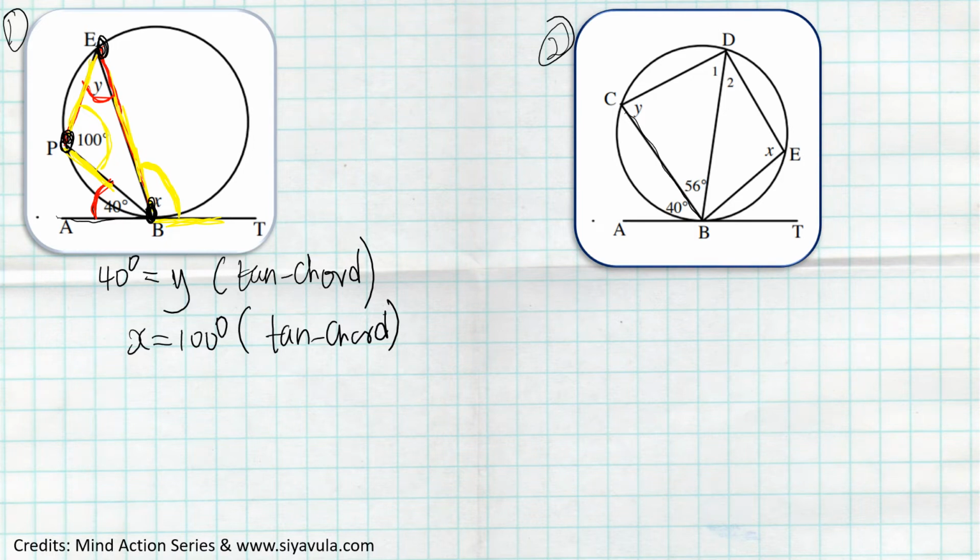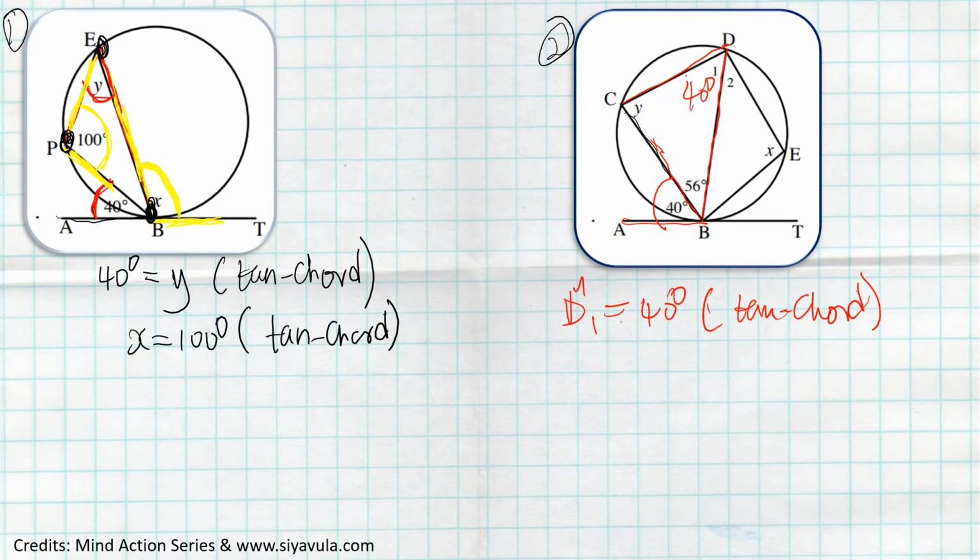So we know that the angle between a tangent and a chord is equal to the angle subtended by the two other chords, but on the what? On the circumference, meaning that we can deduce that angle D1 is equal to what? Is equal to 40 degrees. By what? By tan-chord. Can you see? Angle D1 is 40 degrees by what? By tan-chord.